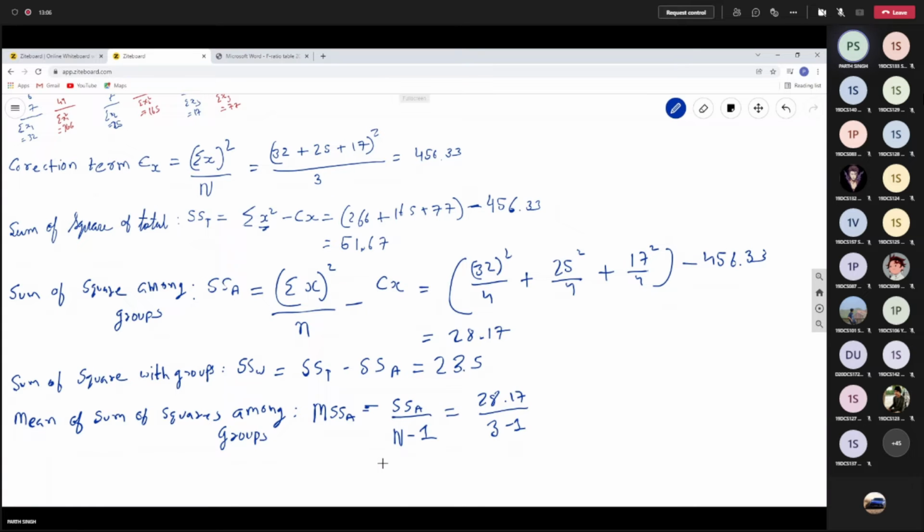And this particular term, let me highlight it, is called the degree of freedom among groups. So if I calculate it, you will get 14.085 something. Okay, this is what you will get.